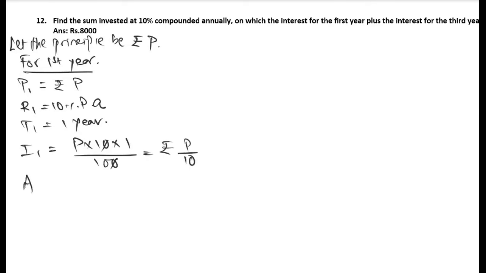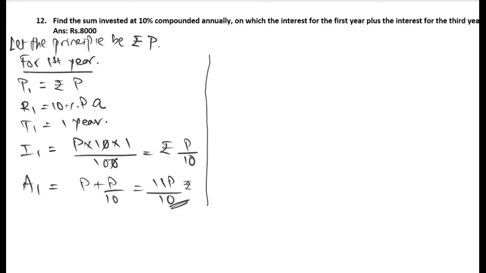So A1, the amount for the first year, will be P plus P by 10, that is rupees 11P by 10. This is the amount at the end of the first year. Let's continue the calculation for the second year. We have to find I1 plus I3, so we have to continue the same method till I3.